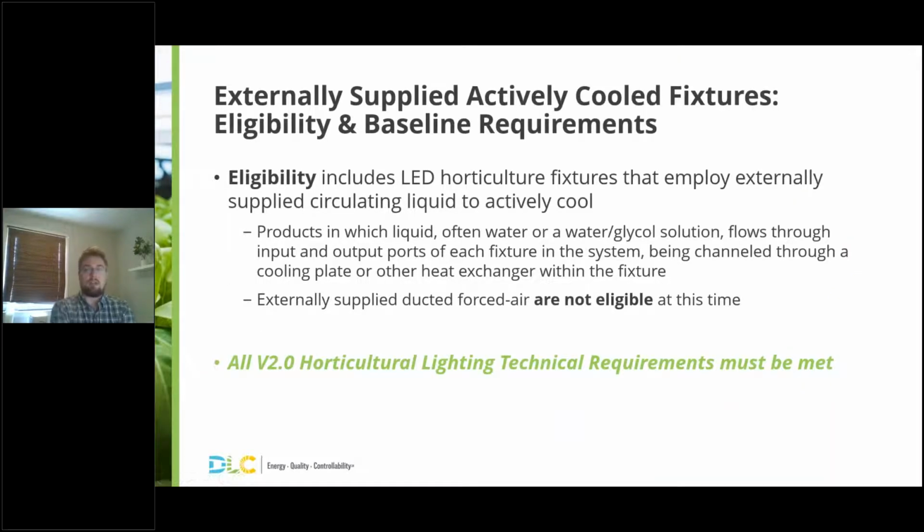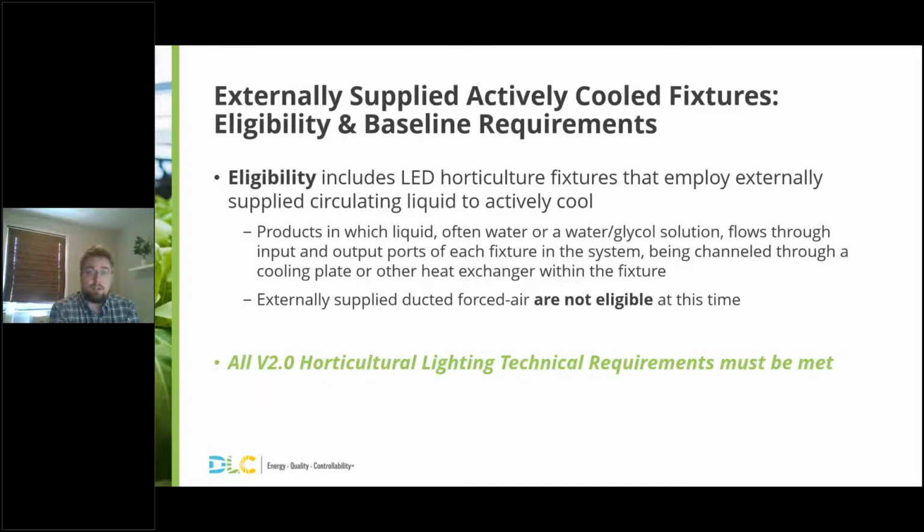So in terms of eligibility, version 2.1 lays the groundwork to include LED horticultural fixtures that employ externally supplied circulating liquid to actively cool the products. We define these as products in which a liquid, often water or a water glycol solution, flows through input and output ports of each fixture in the system, being channeled through a cooling plate or other heat exchanger within the fixture.